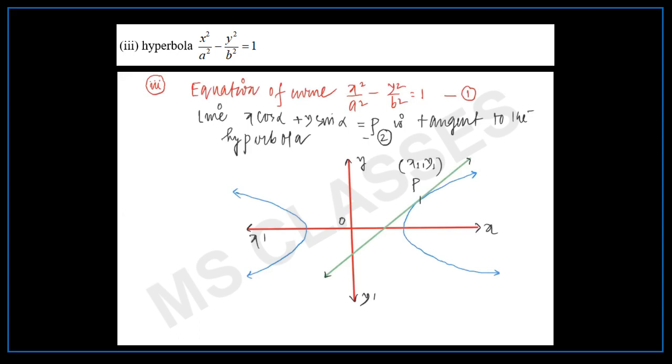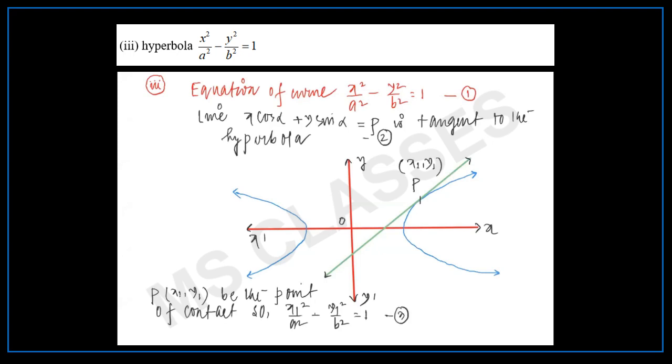Now, if we find the equation of the tangent at this point, that tangent and this one should be identical. So, we say that P x1, y1 be the point of contact. So, x1 square by a square minus y1 square by b square equal to 1. Now we mark this as equation 3.